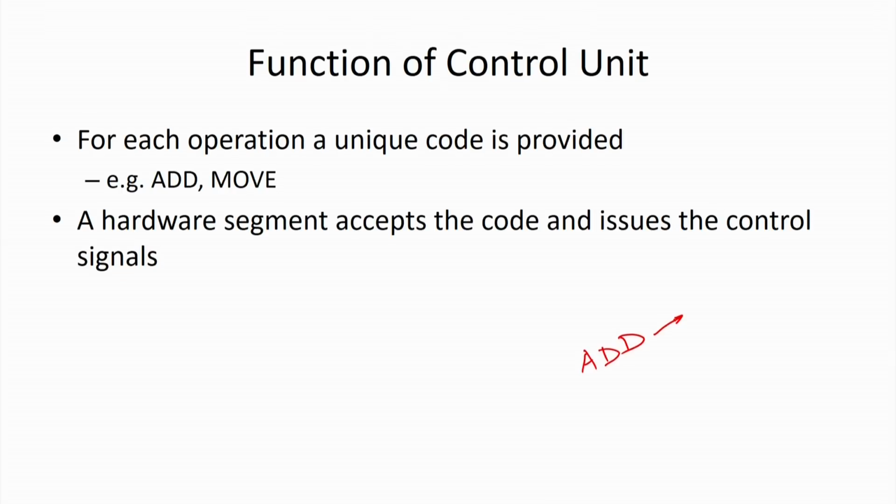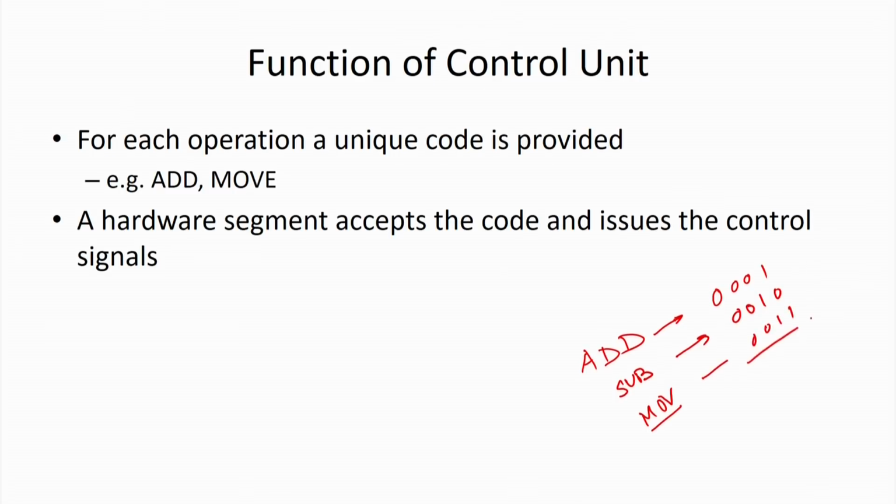Say 001 is given for the add operation. Similarly, if I am going to perform the subtract operation, then I give another unique code to it. If I want to move information from, say, a register to the ALU, we must have an instruction, an operation for that, and this operation is also going to get a unique code.